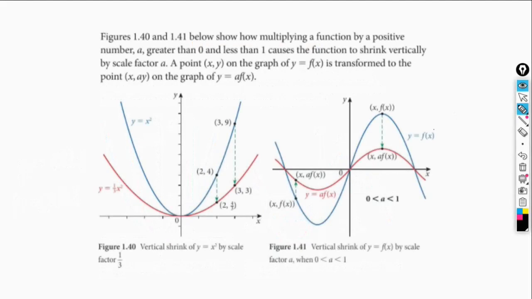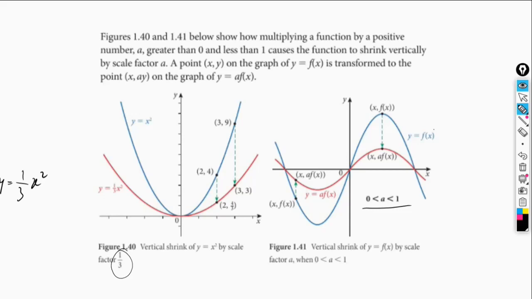Now we're going to look at the case where a is a value between 0 and 1, such as 1/3. So what happens when you have y equals 1/3 x squared? Well, you have a vertical shrink, because every y value will now be 1/3 of what it was.